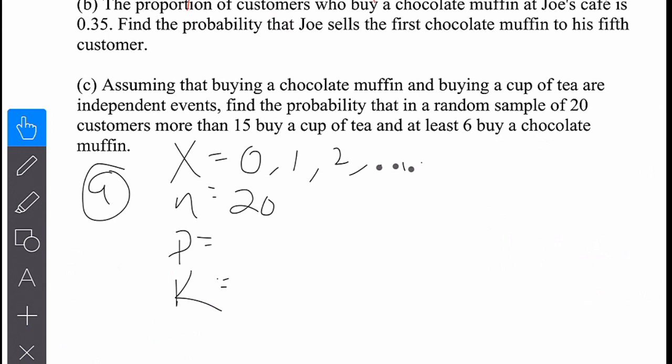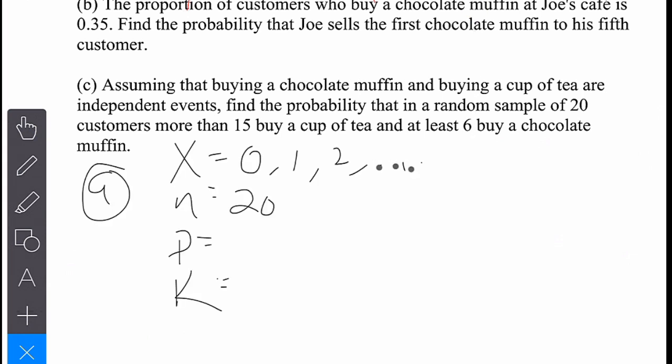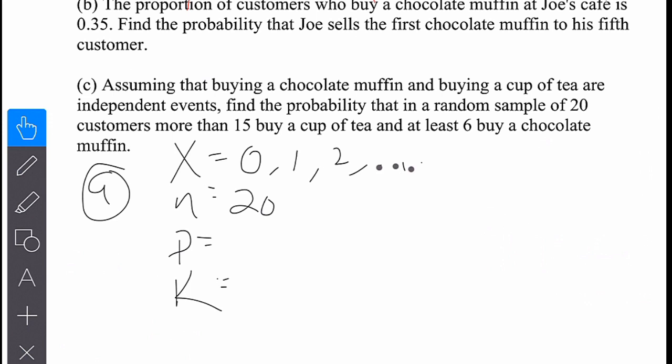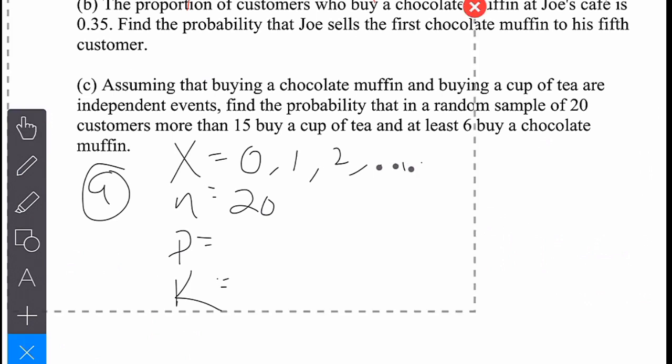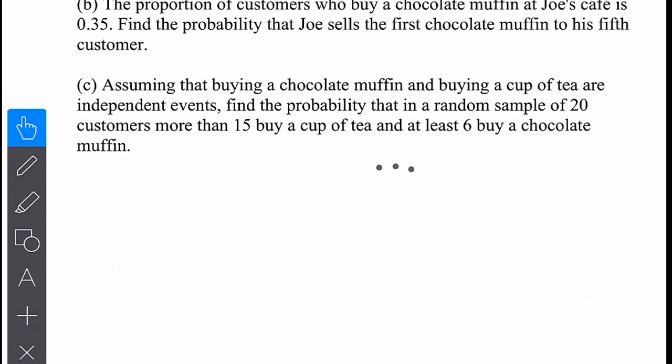Okay, what do we have? For B, the proportion of customers that buy a chocolate muffin is, so we're going to do again X ~ N P K, right?